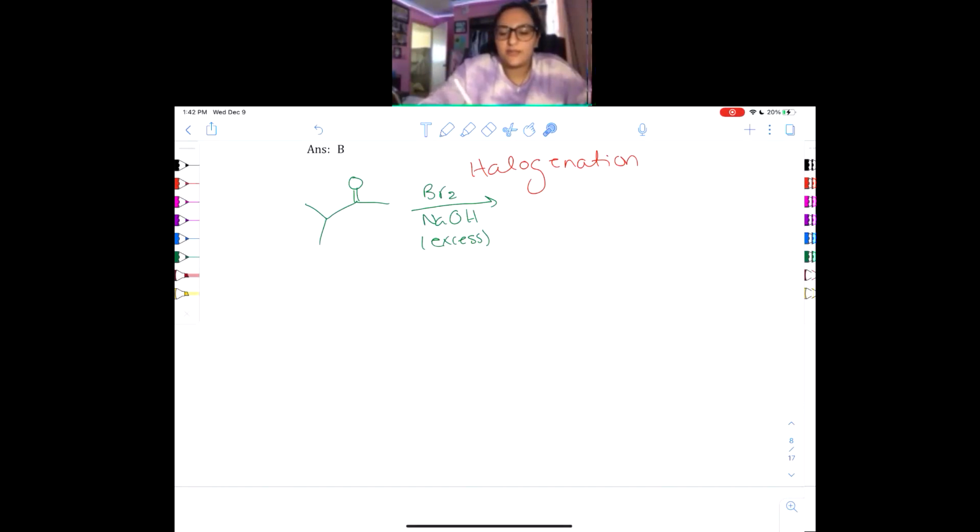So we have a base-catalyzed halogenation, we have our excess, and we have an open carbon. How many times are we going to halogenate this? I can't even trick you guys anymore. You catch on too fast. Someone said we're only going to do it one time, and why is that?